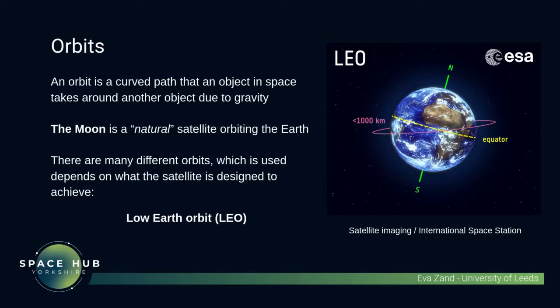This is mostly used for satellite imaging, and the International Space Station is also located there, because it's the closest to go to for astronauts, and it's a good position to take satellite images, because the image resolution will then be very high, as the satellite is so close to the Earth itself.